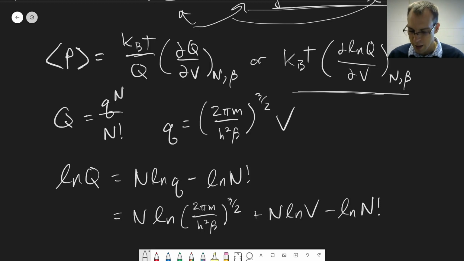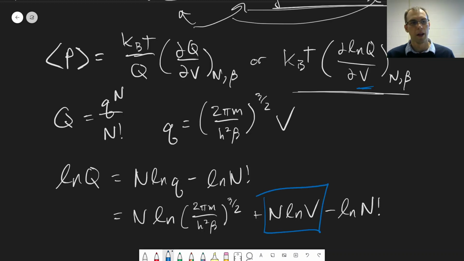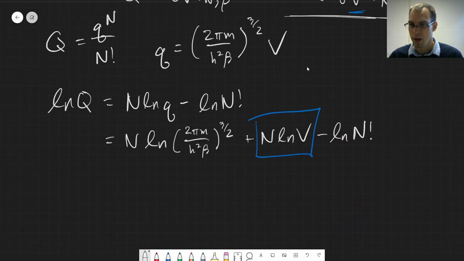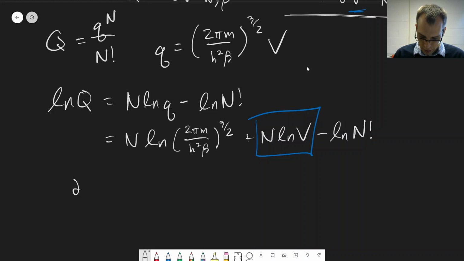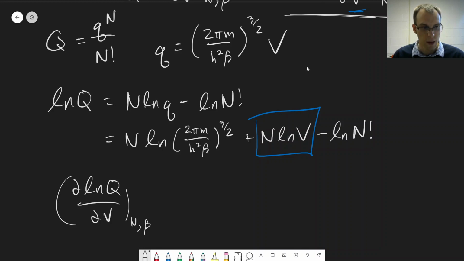And if we notice this time, our derivative is in terms of volume. So this is the only part that has volume in it. And so when we take the derivative, the other terms are going to go to 0. So d log Q/dV, holding N and beta constant, is simply N over V. That's pretty straightforward.